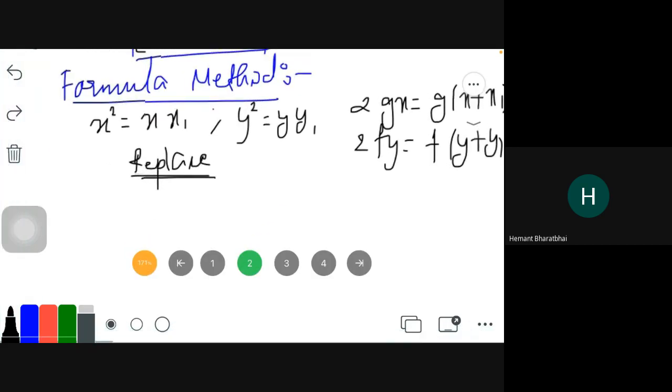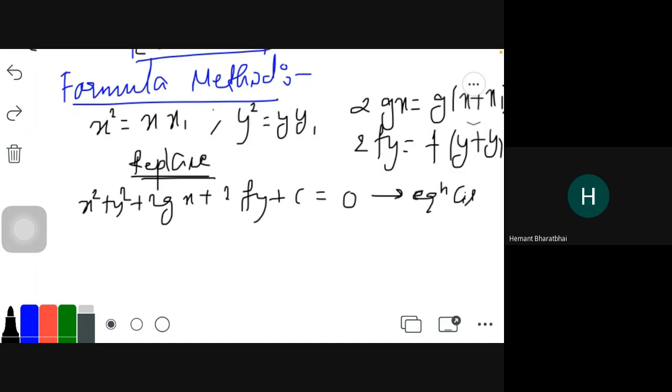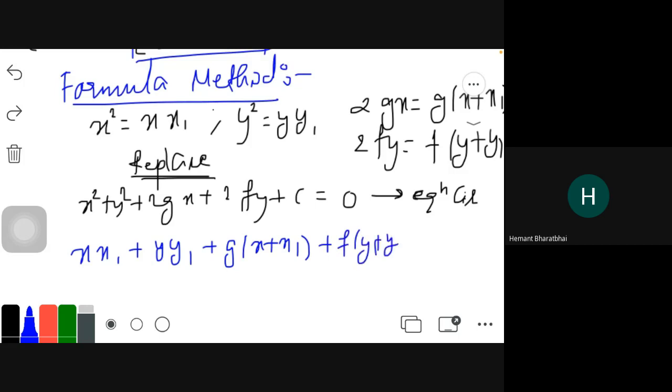Say you have been given the equation of the circle as x square plus y square plus 2gx plus 2fy plus c is equal to 0. This is the equation of the circle. Then the equation of the tangent will be given as, what I said, wherever there is x square, replace it with xx1, so I'll write xx1. y square will be written as yy1. 2gx will be written as g into x plus x1. 2fy will be written as f into y plus y1, plus c equals 0.